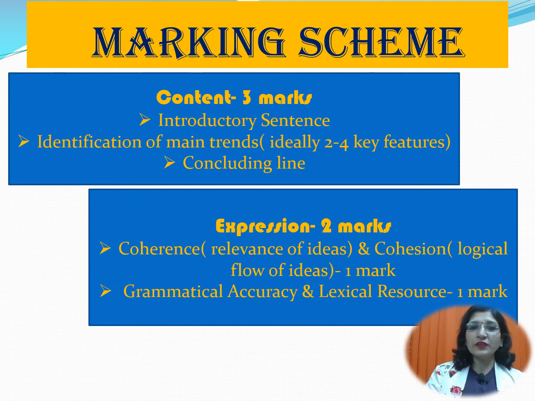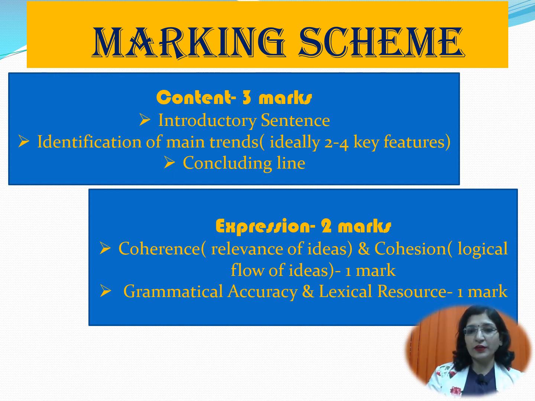Now, along with writing the correct content, your paragraph should also be well organized. And this, as I have explained earlier, any writing, you need to take care of coherence and cohesion. Coherence means relevance of ideas, and cohesion is nothing but the logical flow of your relevant ideas.